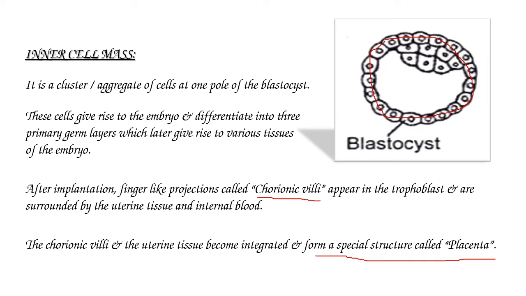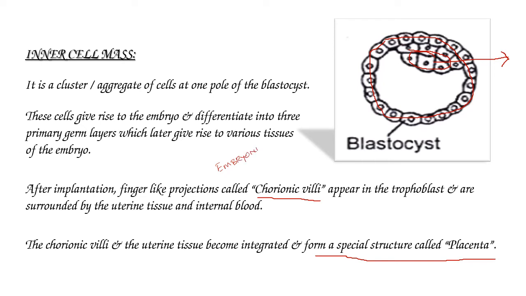Now in this blastocyst, at one end there is a mass or aggregate of cells called the inner cell mass. In later development, this inner cell mass differentiates into primary germ layers, also called embryonic layers.